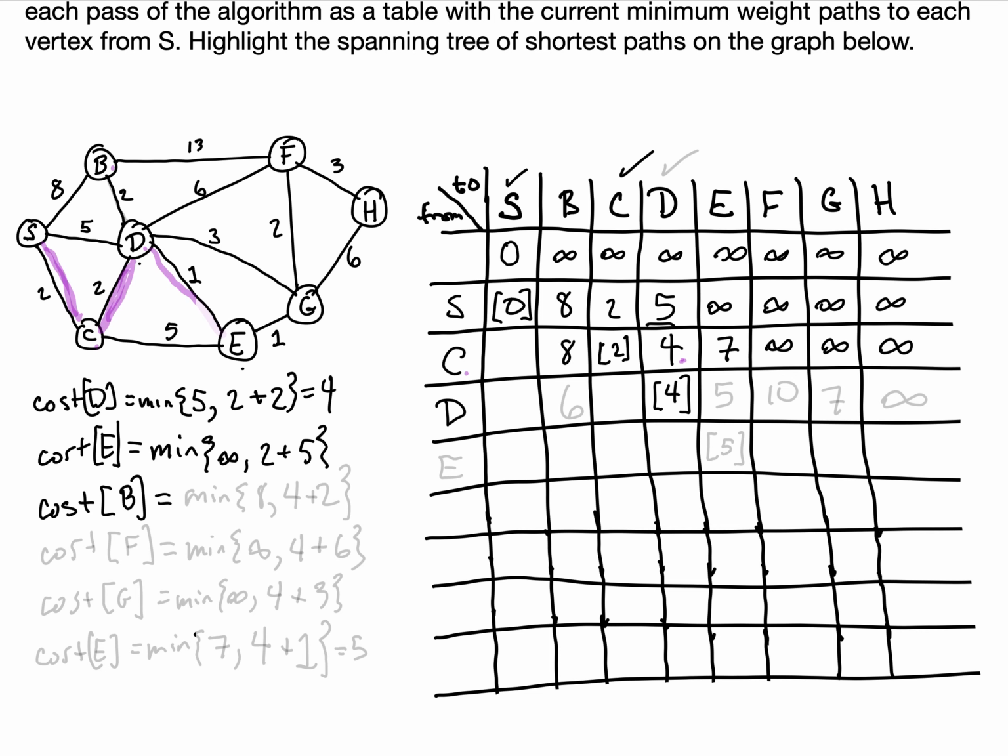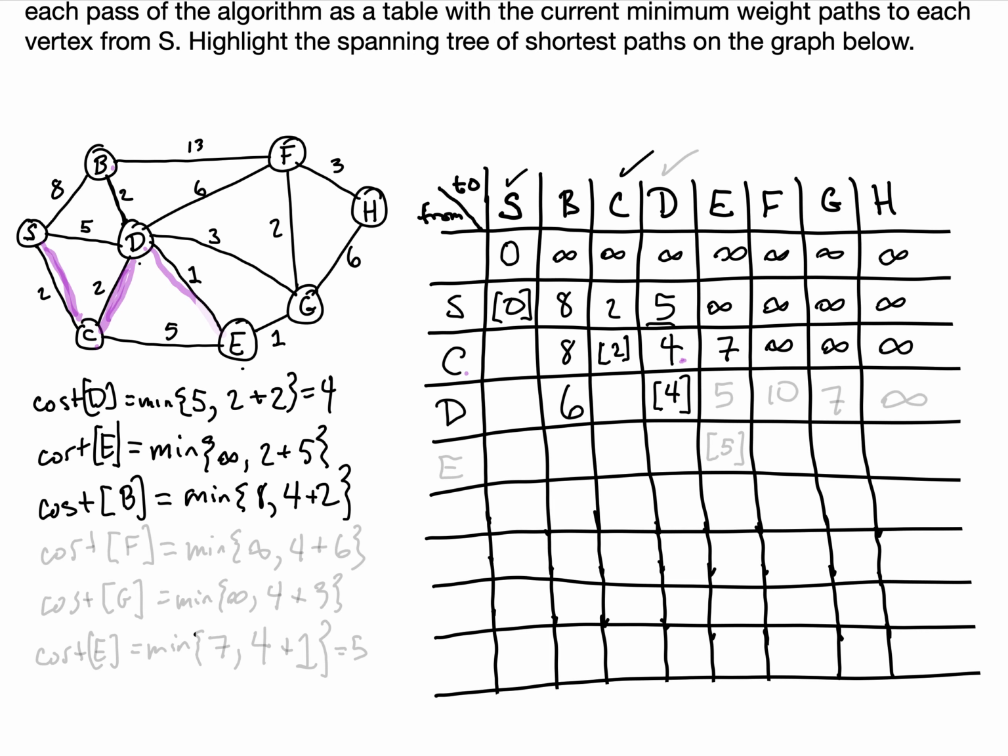That was not updated, so it's the minimum of 8 and whatever cost we had up to D, so the weight of the path up to D, plus the weight of the edge from B to D, which is 2. So the weight of that edge is 2. And so we see that the minimum of those two values is 6. So B will be updated. The cost of B is updated to be 6.